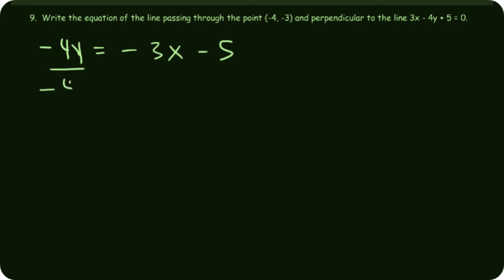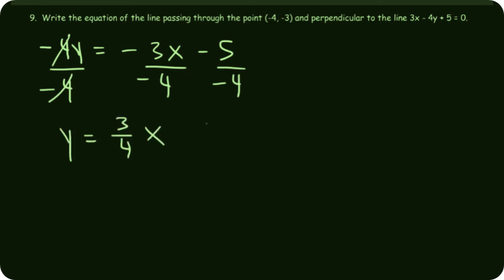Now I need to divide each term by negative 4. So y is equal to 3 over 4 times x plus 5 over 4. Whenever you divide by a negative number, you are going to get a positive result. So the slope of this line is 3 over 4.